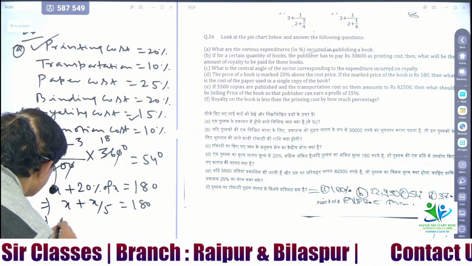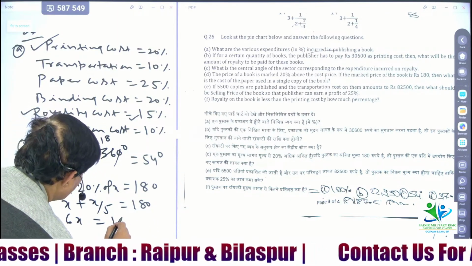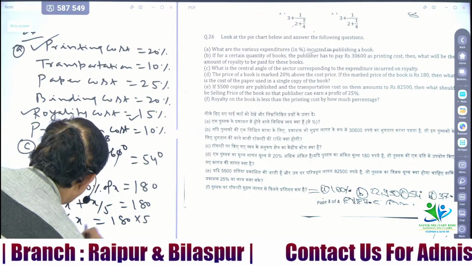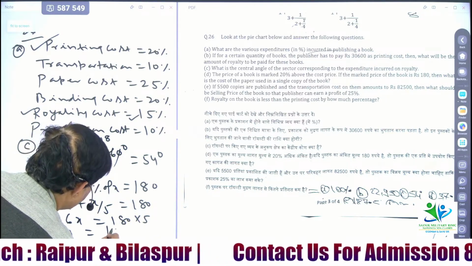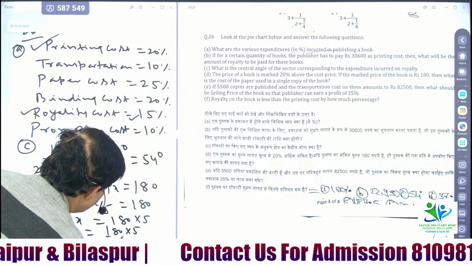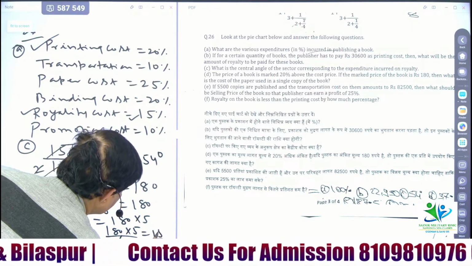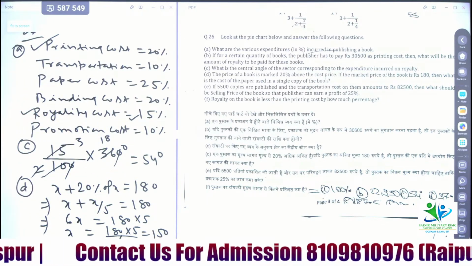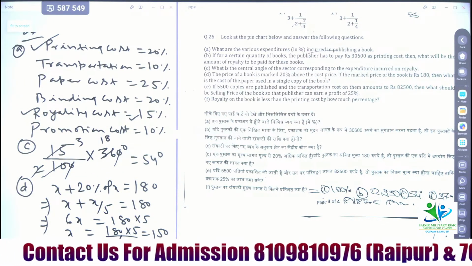That means 6X is equal to 180 into 5, and from here X is equal to 180 into 5 divided by 6, and that is rupees 150. That means cost price of the book is 150 rupees.